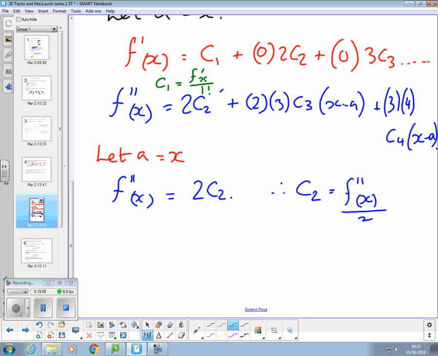And here, C2 is equal to f double dash of a over 2 factorial. That's still 2, because 1 times 2, and so on.